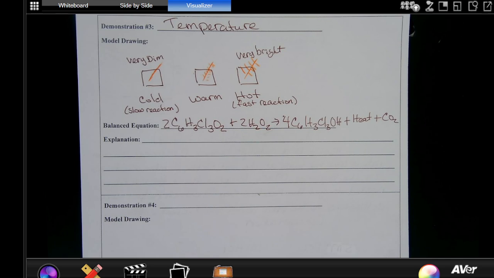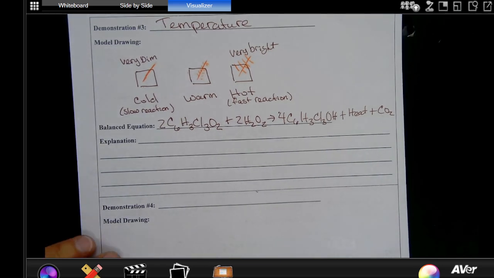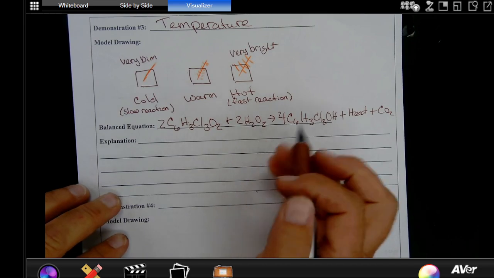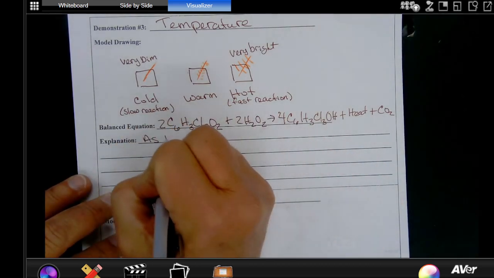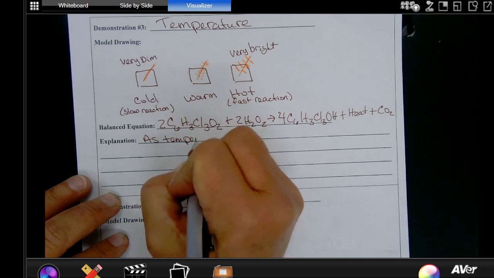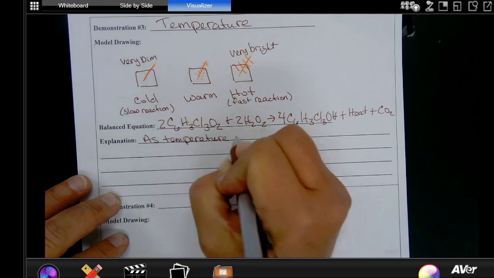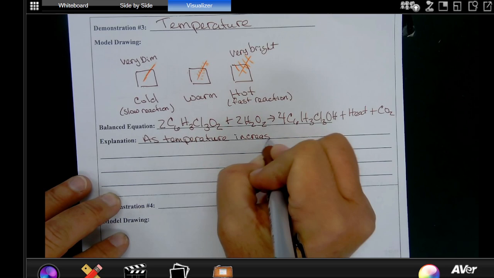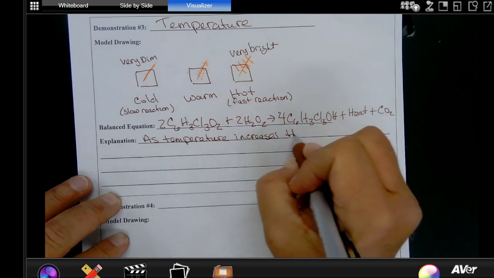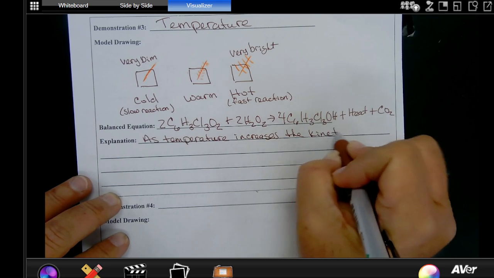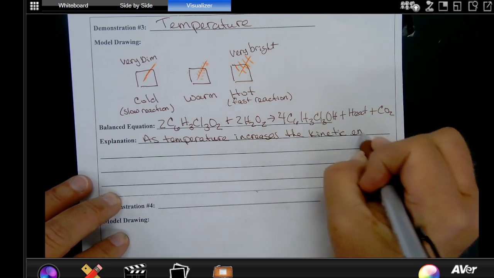All right, so let's go ahead and explain that. So for temperature, remember we talked about yesterday, it has two different things, okay? As temperature increases, the kinetic energy, and what was kinetic energy?